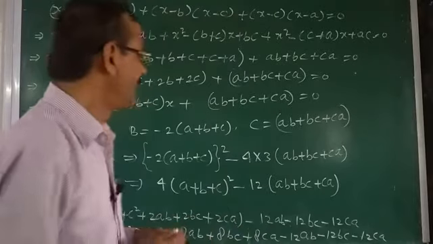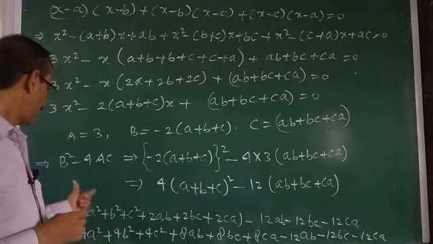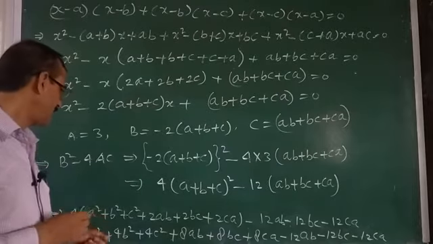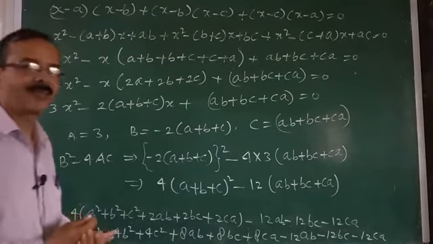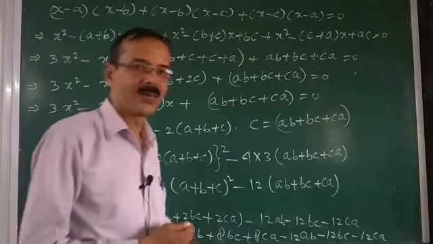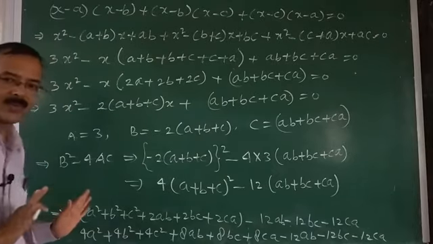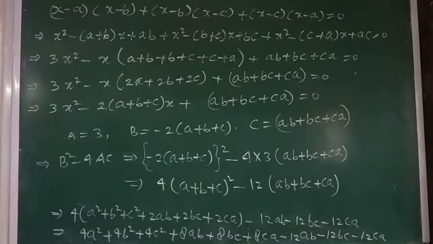I am solving this to find the nature of the roots. We have to show that b square minus 4ac is greater than 0. I hope that is clear up to here. Now see what the result will be.